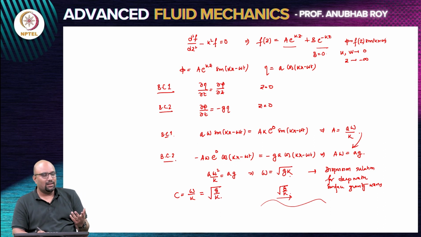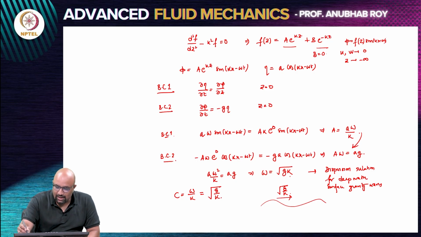Obviously, we have made approximations here by ignoring surface tension and the depth of the liquid, but this approach actually remains very useful in understanding how we look at stability of the problem.